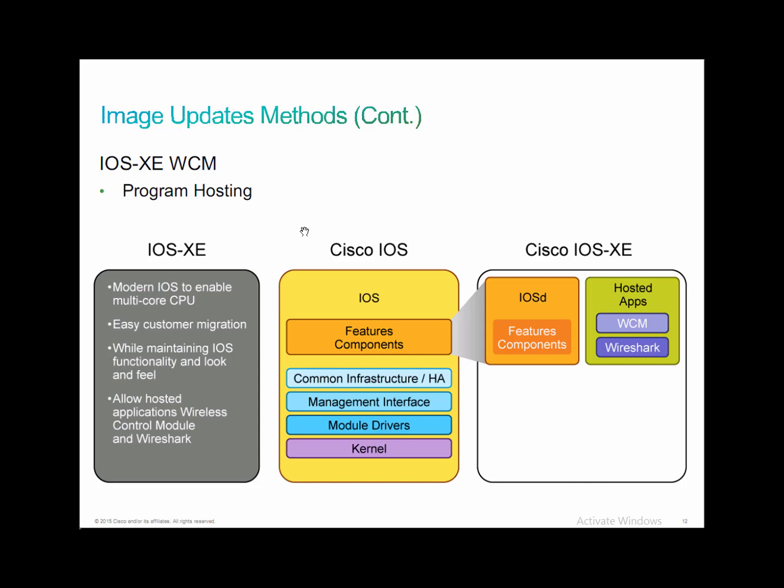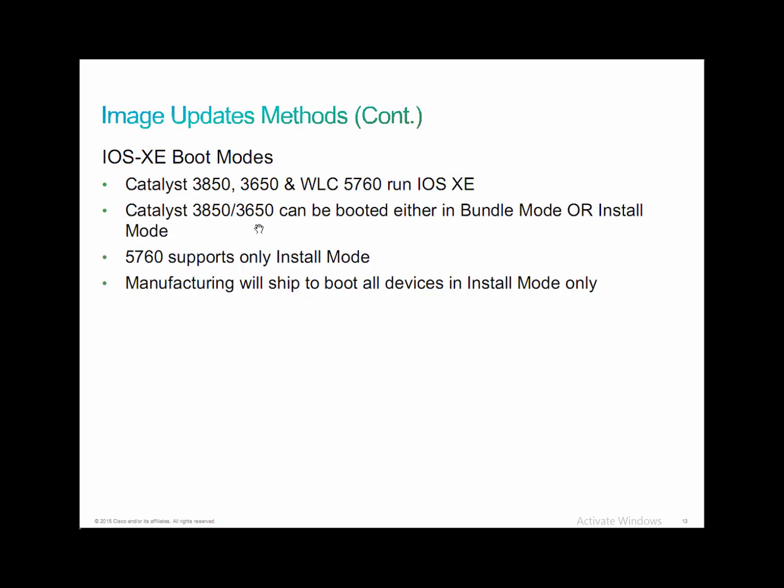We still have the same look and feel, right? Still command line, enable, config t, go into interface, etc. But then we can also host these applications on the device itself, which includes some wireless specific applications. The 3850, the 3650, and the 5760, those all run IOS XE firmware images, but they can have different boot modes.